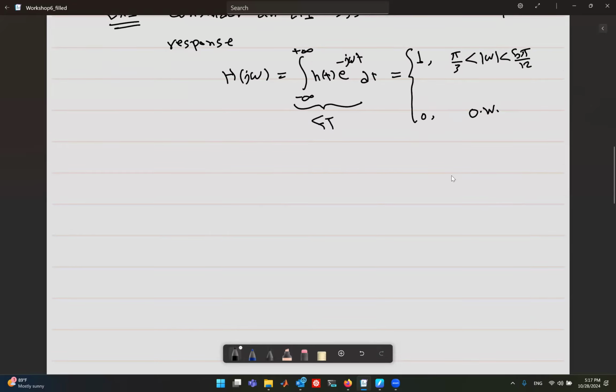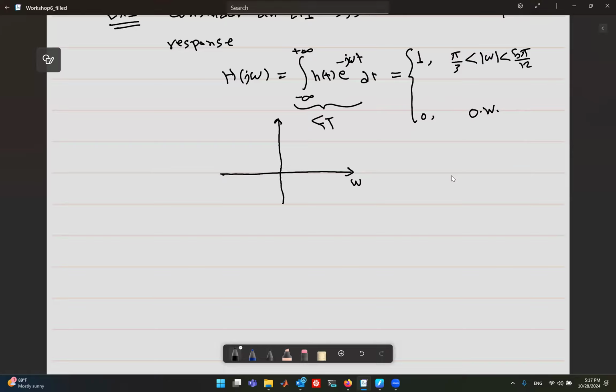If we try to plot this, the variable is ω, the frequency, also called the angular frequency. It's given in radians per second, while we used to have another definition of frequency, which is f, given in hertz or seconds to the power minus 1.